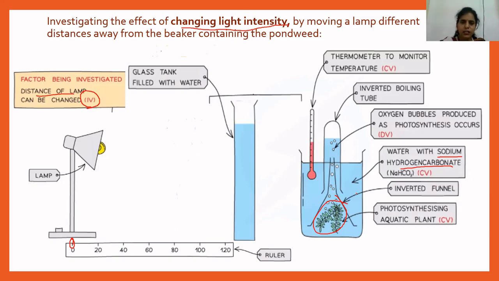And this plant requires a continuous supply of carbon dioxide gas in order to perform photosynthesis. While taking readings, carbon dioxide gas should not become a limiting factor. Hence, we have added sodium hydrogen carbonate or potassium hydrogen carbonate, because when this salt dissolves in water, it produces carbon dioxide gas which gets dissolved in the water.